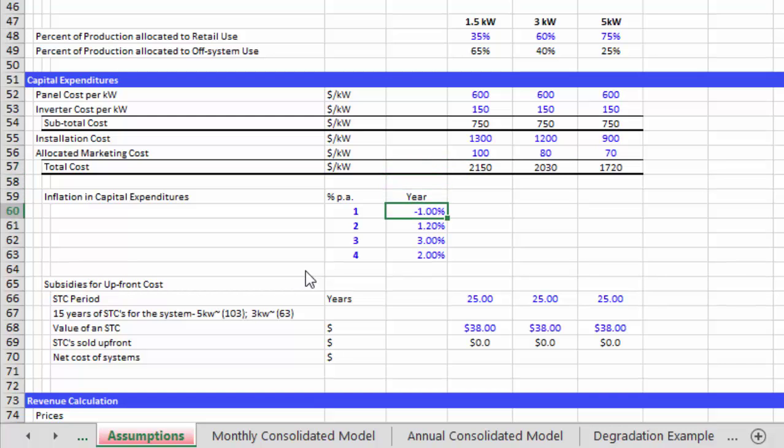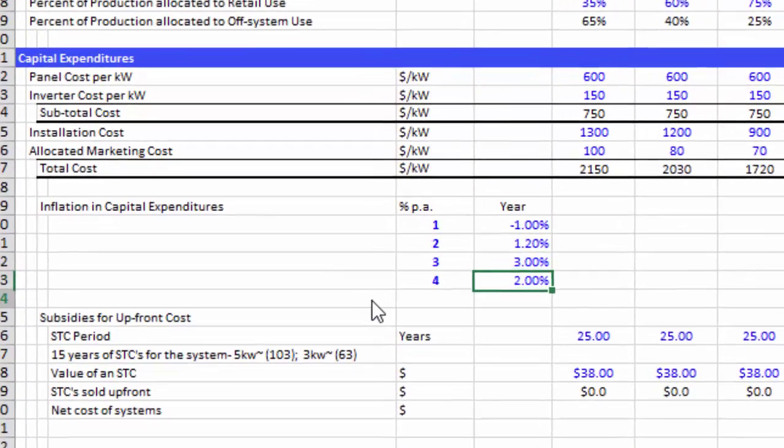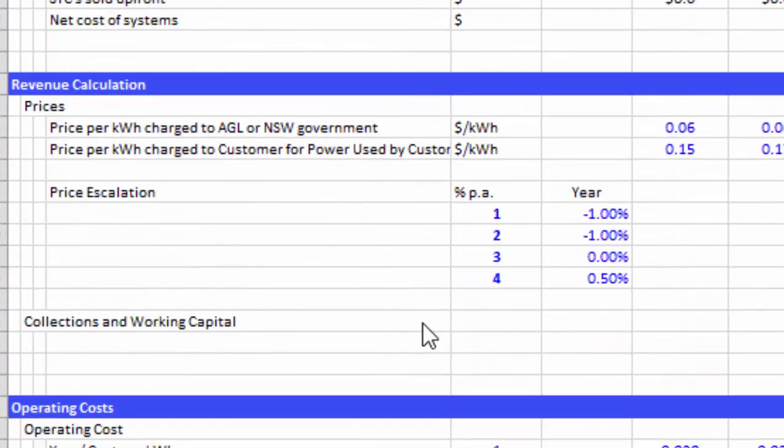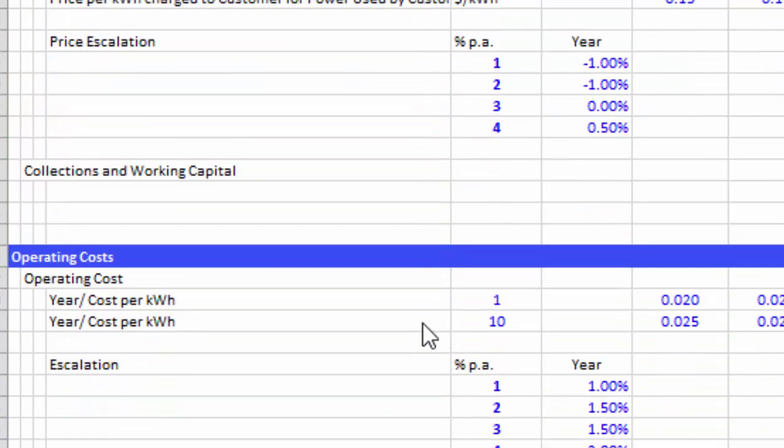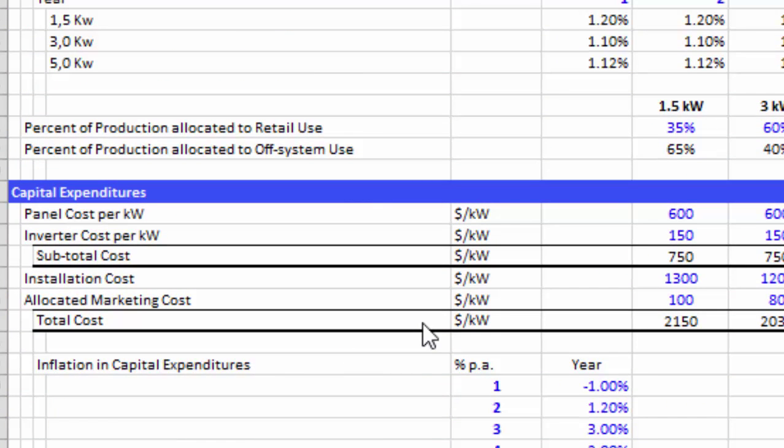Now we're making capital expenditures that go forward for a few years. It might be the case that solar continues to fall, I hope, or it could kind of stabilize and increase. Now that inflation in capex will be very different than our inflation in revenues, and we're going to be really careful we only use the energy charge for the revenues, and then we'll have some operation and maintenance and some different inflation in those costs too.